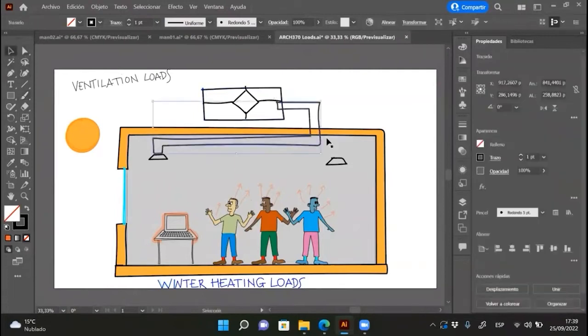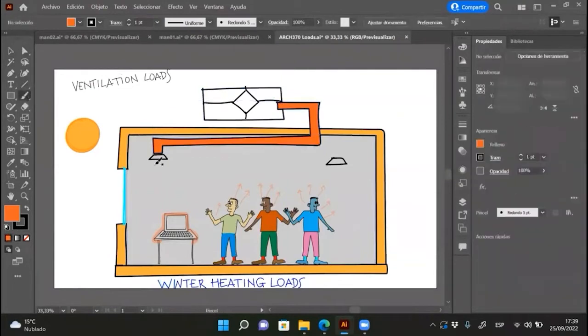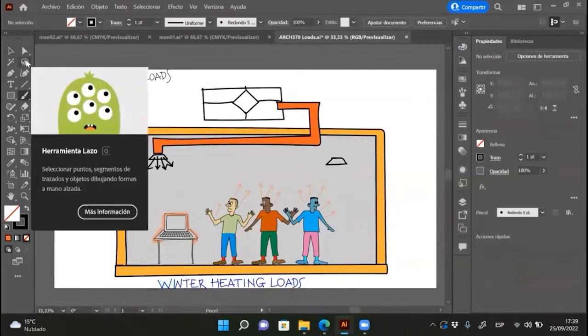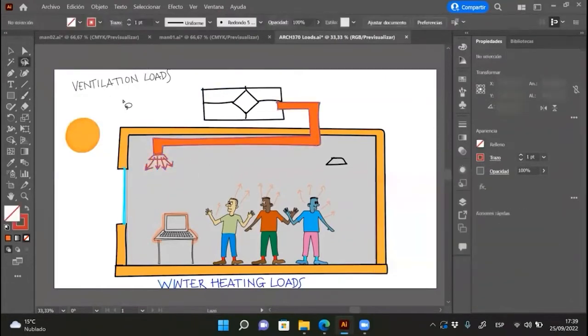So that supply diffuser brings that air at comfort temperature, so it can be 70 or 72 or whatever comfort temperature. And then we have the return diffuser. So the one is supply, and the other one is the return diffuser.